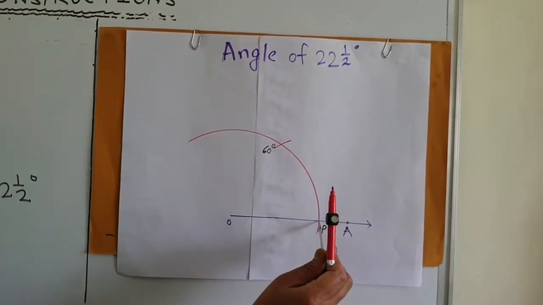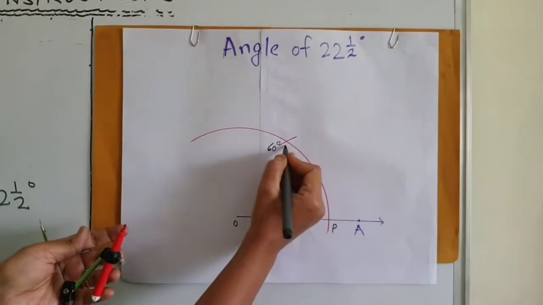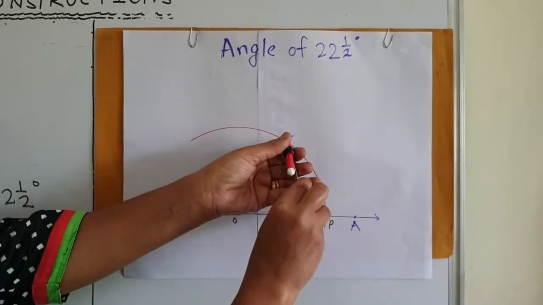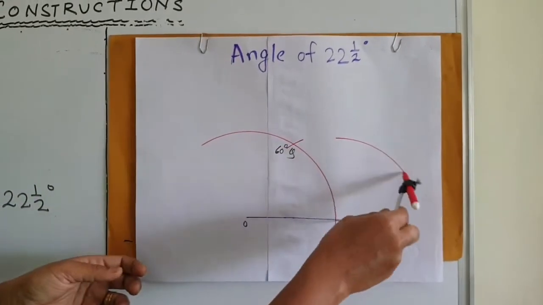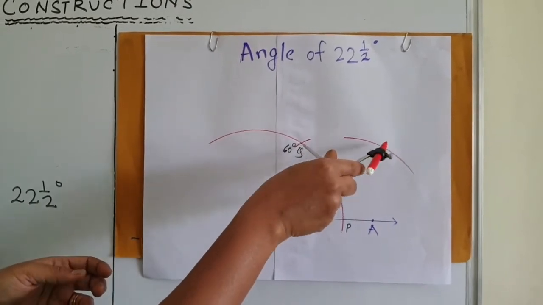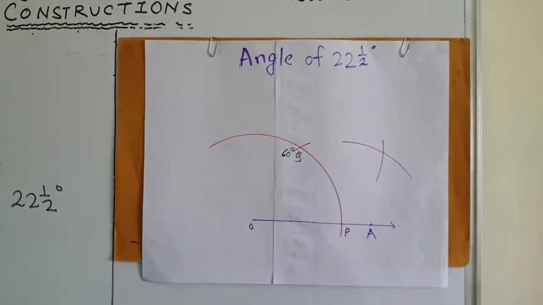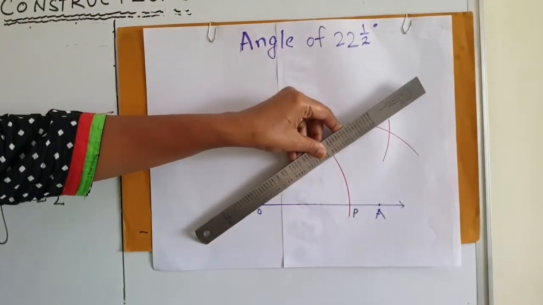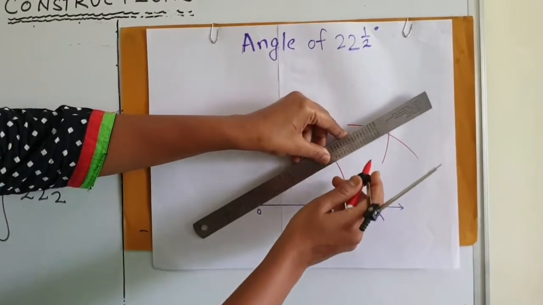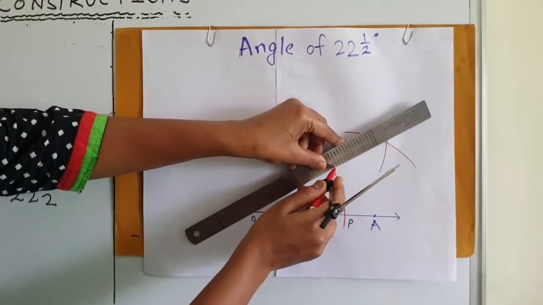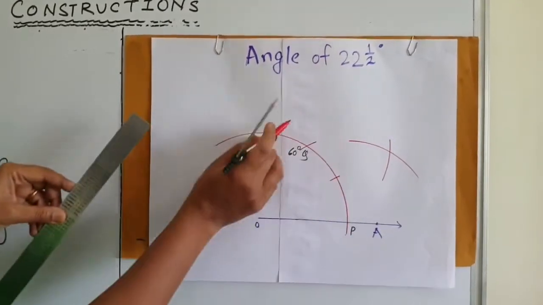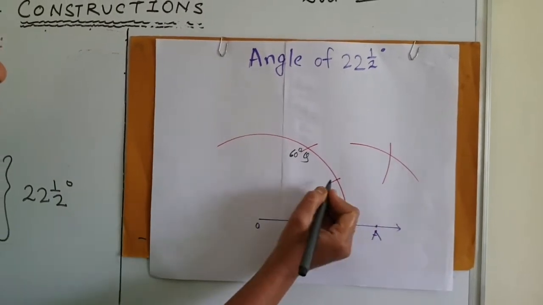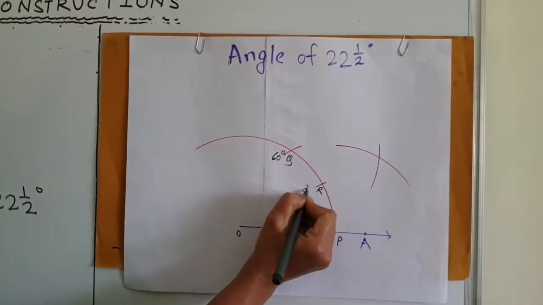So with P and Q as centers and more than half of PQ, take radius and draw arcs. No need to draw this arc fully, only see where it intersects the previously drawn arc. So this is how we get this point. We can name it as R, and that is 30 degrees.